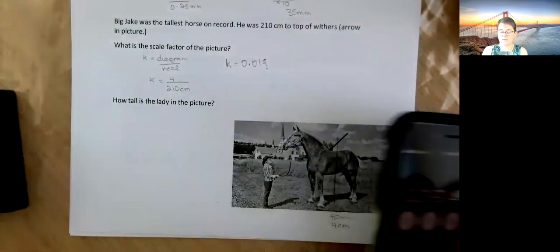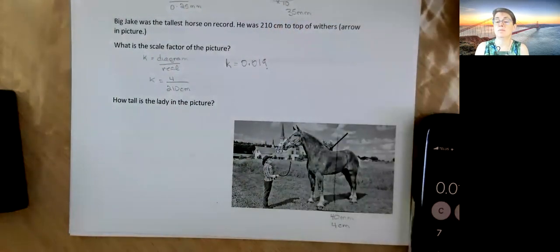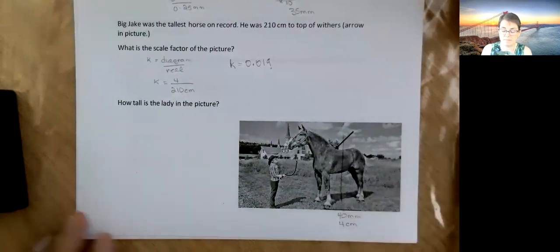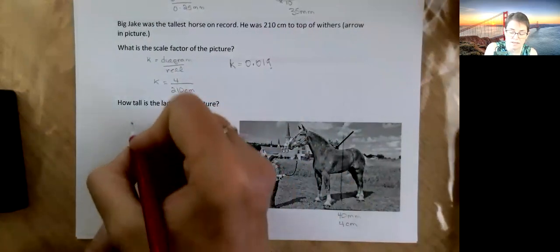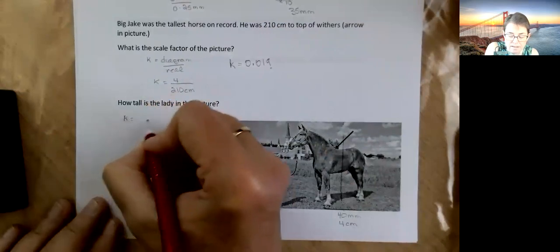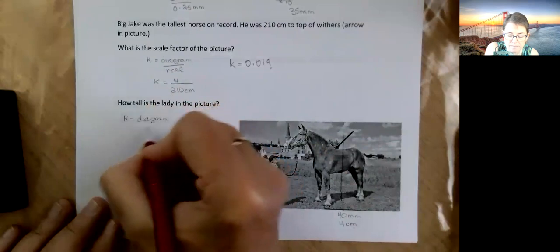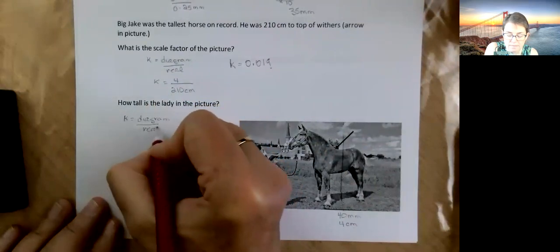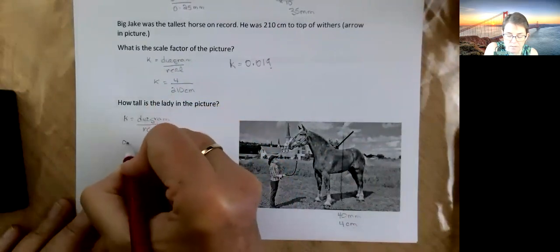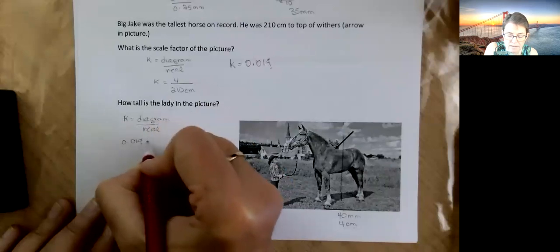Okay, here's the cool part. You can use scale factor to determine how tall the lady is. So we know that k is equal to diagram over real, and k is 0.019.